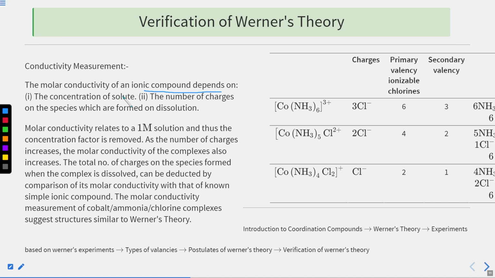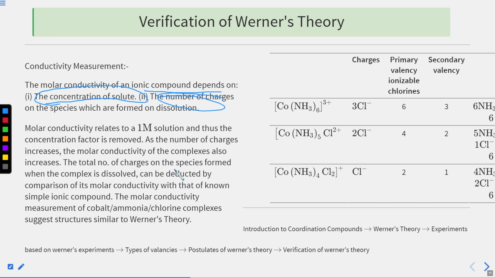It depends upon two things: the concentration of solute and the number of charges. So he defined the concentration for each of these. He took 1 molar solution, and now the conductivity will totally depend upon charges. It will completely depend upon charges.